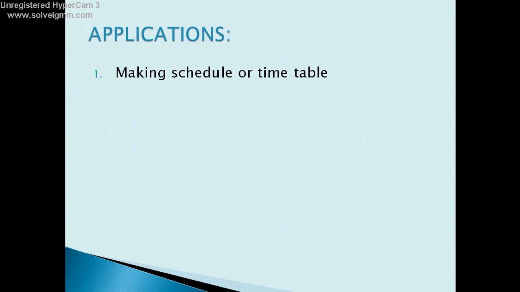The problem is how do we schedule the exams so that no two exams with a common student are scheduled at the same time? And what is the minimum number of time slots needed to schedule all exams? This problem can be represented as a graph where each vertex is a subject and an edge between two vertices means there is a common student. So this is a graph coloring problem.